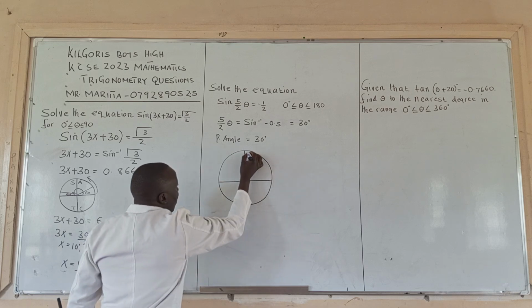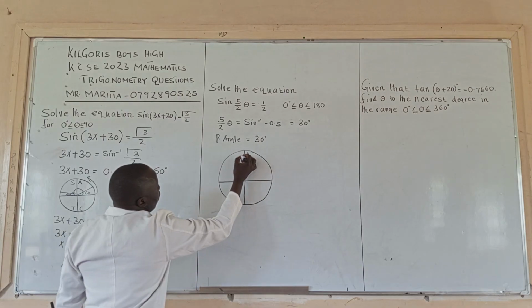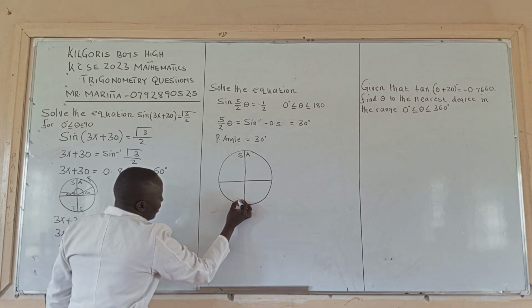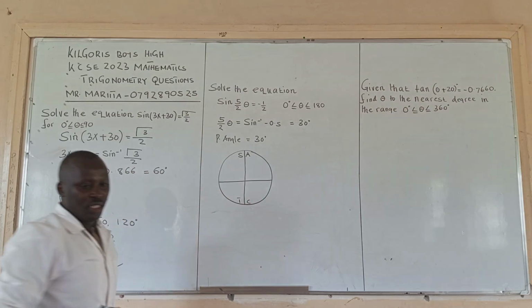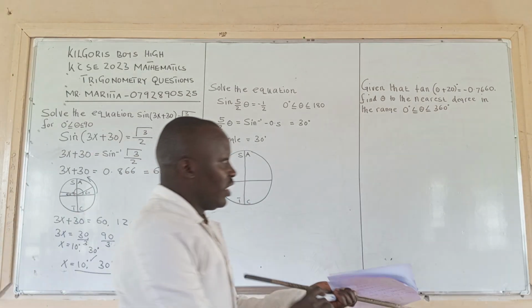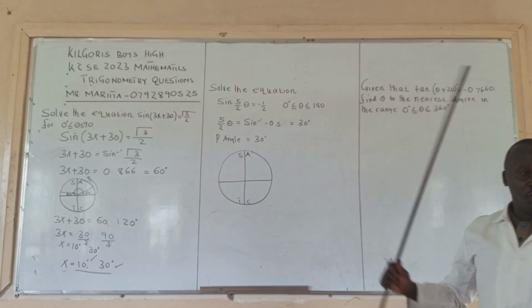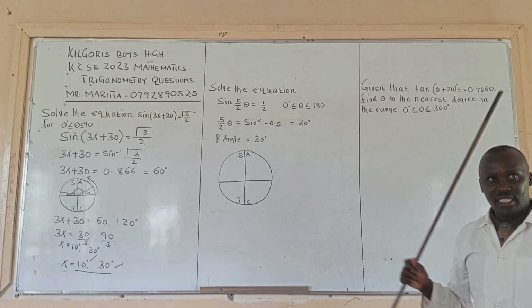In the first quadrant, all the trigonometric ratios are positive. In the second, only the sine is positive. In the third, only the tangent is positive. And in the fourth, only the cosine is positive. Now from this 30 degrees here, the sine is negative.